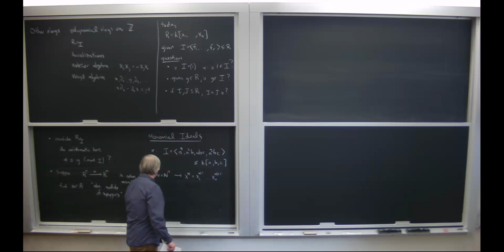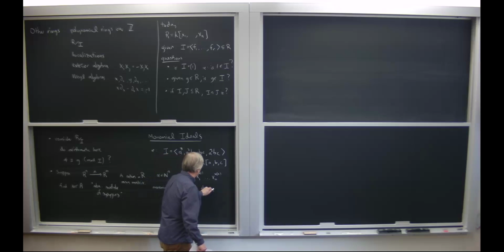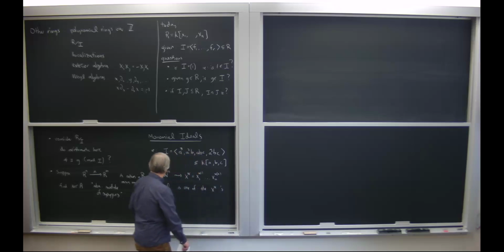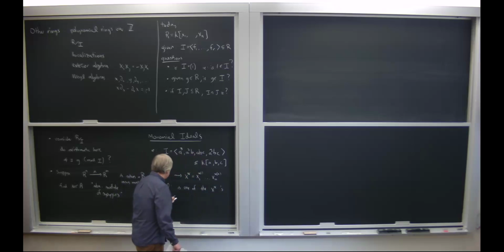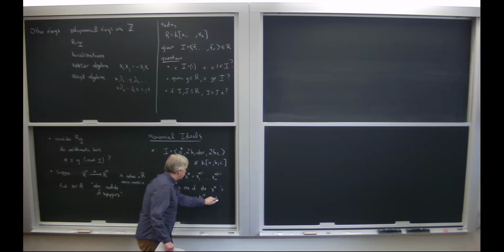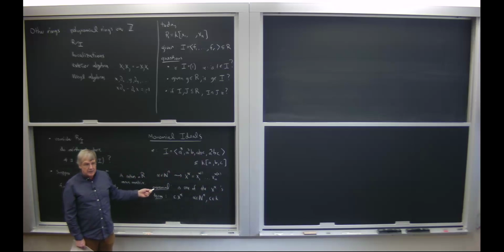So a monomial is one of these, one of the x^alphas. By the way, just in general, a term is going to be a constant times x^alpha, where alpha is in N^n and c is in k. Sometimes you'll see different notation for these, but this will be what I use consistently. A monomial is just the x^alpha, no constants.